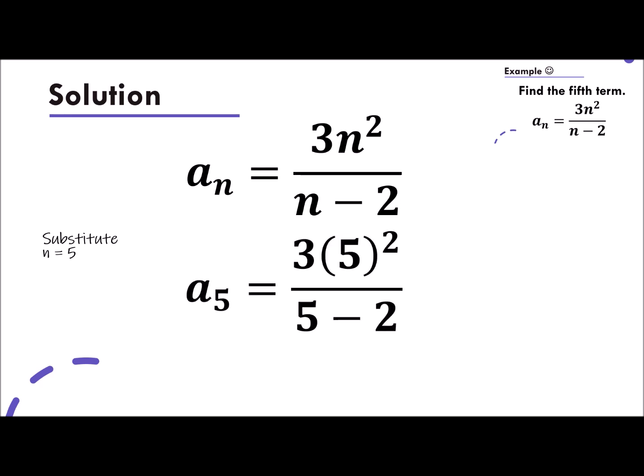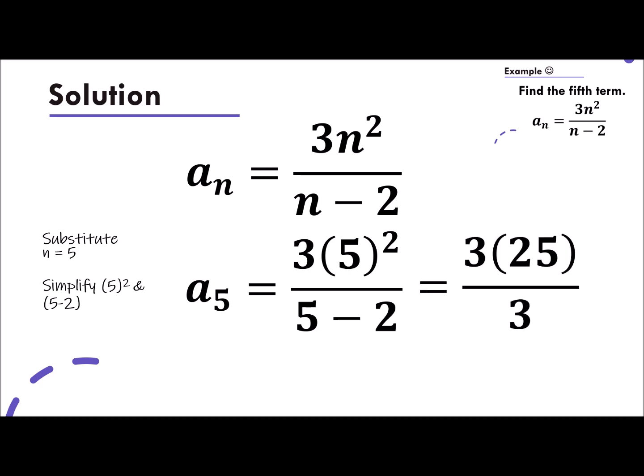You will have a sub 5 is equal to 3 times the square of 5 over 5 minus 2. Then simplifying 5 squared and 5 minus 2. 5 squared, that is 5 times 5. We will have 25. And then 5 minus 2, that is 3.